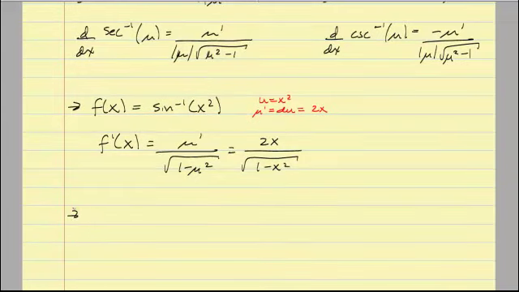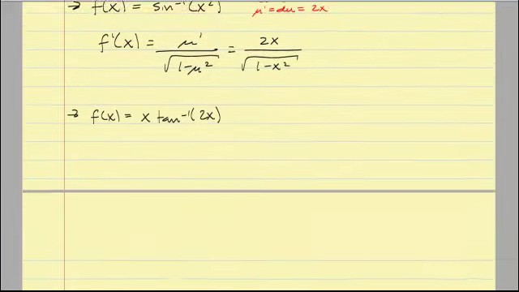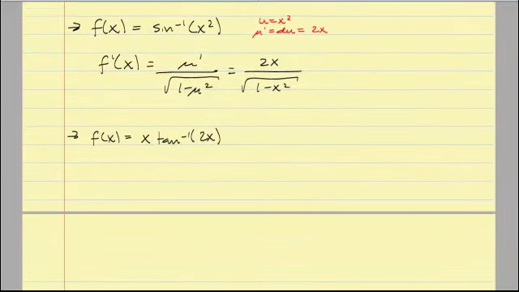Let's look at the function f of x equals, let's do one a little bit more complicated, x times the inverse tangent of 2x. Okay, so first of all, we see we have a product of values here. We have two functions.